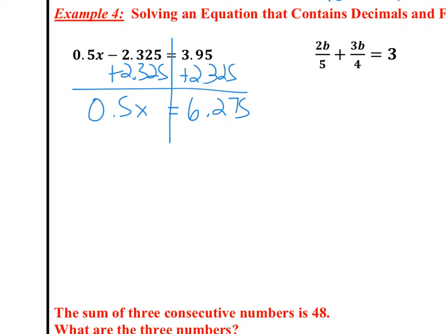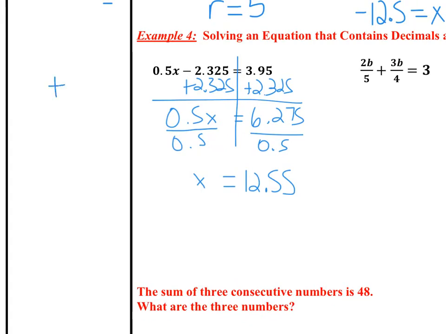And then I'll divide what is being multiplied, 0.5, on both sides, so that we get x equals, and probably need to use our calculator for this one, 12.55. We have used the addition property of equality, and we have used the division property of equality.